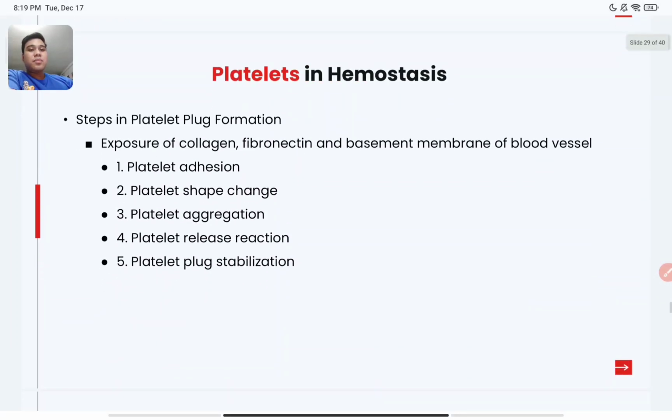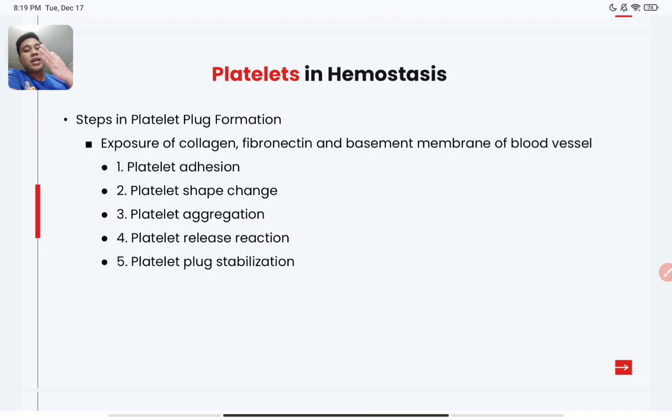So platelets in hemostasis, we have the steps in platelet plug formation. So of course, there needs to be a damage in the blood vessel wall. And after damage, there's exposure of collagen, fibronectin, and basement membrane of the blood vessel. Now you have your adhesion, and then of course, the platelet will be activated. So that is manifested by your shape change. And then after activation, you will now have your aggregation.